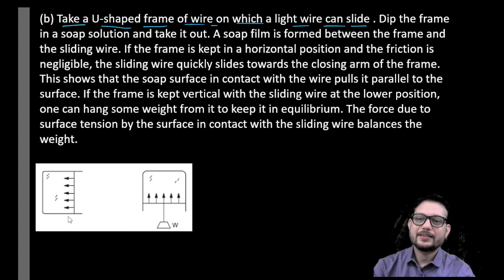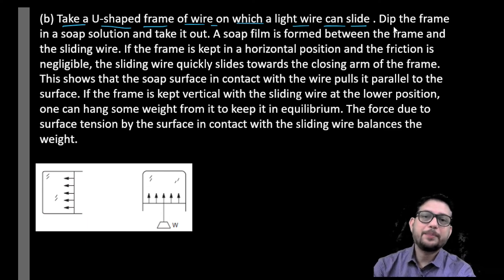So you can see that this one is your frame and this one is your sliding wire. So the sliding wire can slide on the frame. So I hope that this is now clear. Okay, now what?